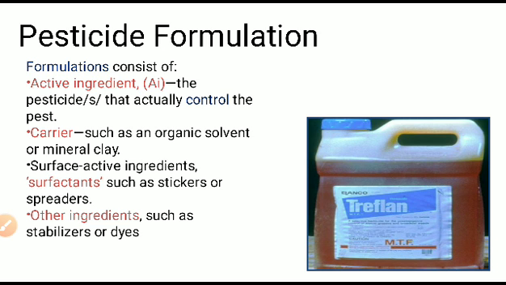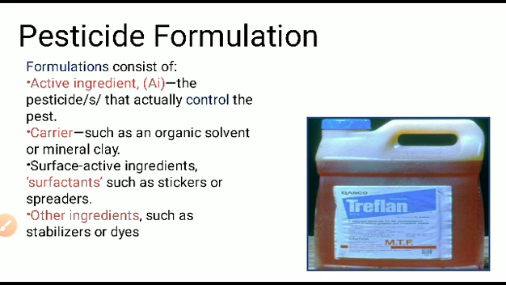Active ingredients are nothing but the pesticides that control the target pest. Next, that is a carrier, such as organic solvent, or it may be mineral clay. This is useful to carry our chemicals or the pesticides.